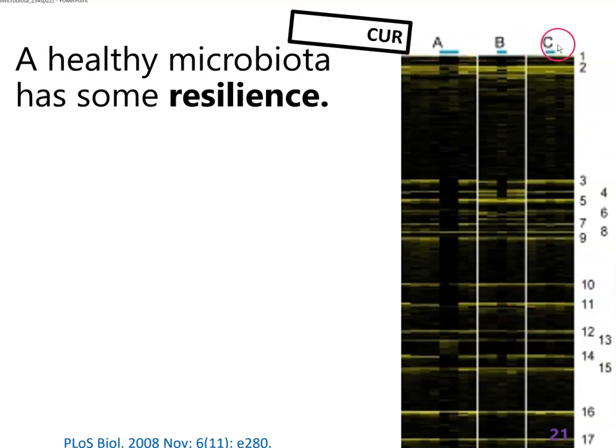A, B, and C are people who donated stool samples at multiple times. So we're looking at the bacteria in their guts. Each of these numbers corresponds to a different type of bacteria in the gut, and the color, whether it's bright yellow or black or anywhere in between, is how abundant those were. So if you look at 10, that's some species, I don't know which one, and in some of these samples it's bright yellow, in others it's not. Here it was abundant in this sample.